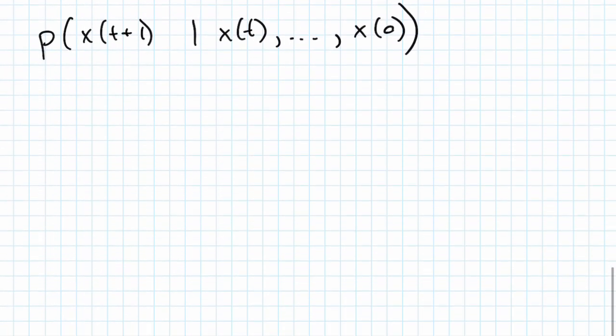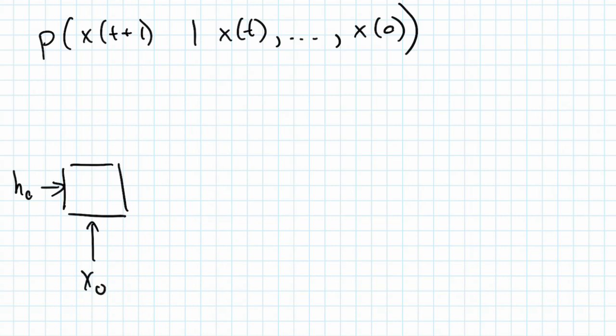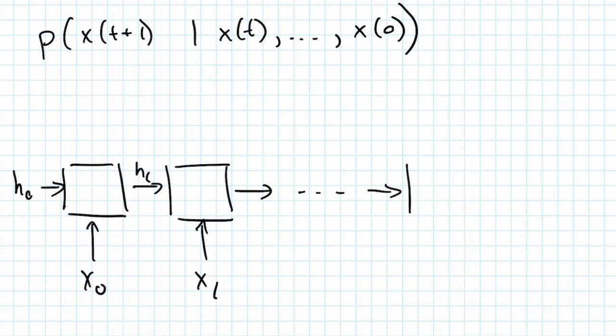So let's say, for example, we have an RNN. This is easy to visualize. So an unrolled RNN looks like this. So we have H0 coming in here, and we have X0. This is H1. We have X1, and so on and so forth, up to H of t minus 1, and this outputs H of t, and this takes in as input X of t.